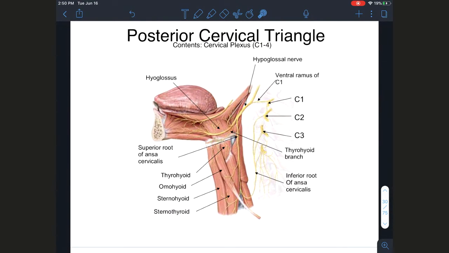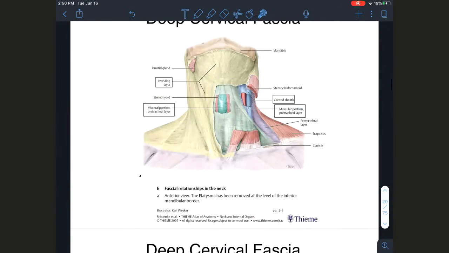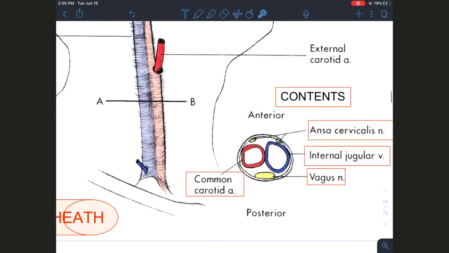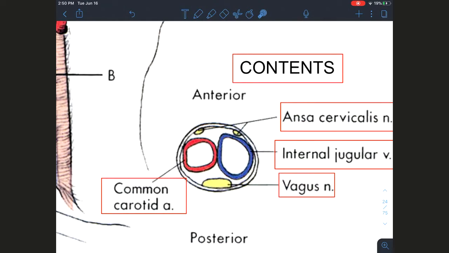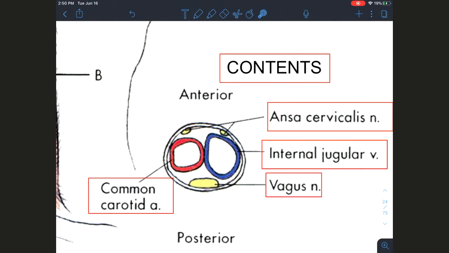Erin, can you go back to the picture that has the carotid sheath? So it is both. Let me see. Find a better picture. There's this one. See how the vagus is kind of at the bottom.